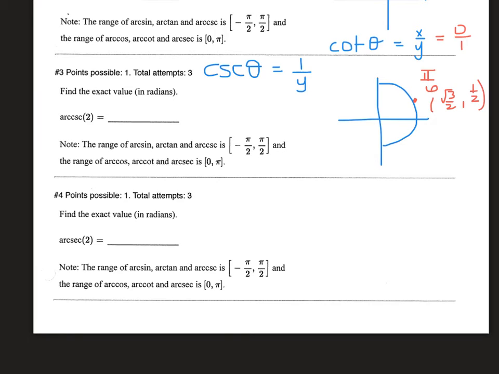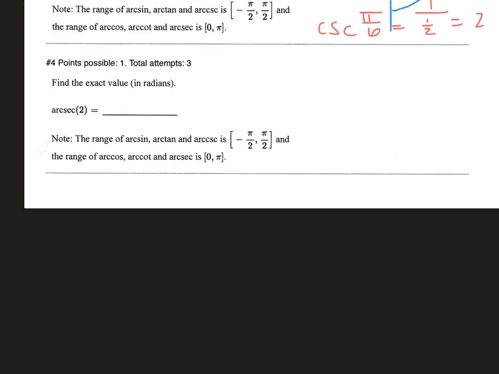If we look at cosecant of pi over 6, that's going to be 1 over the y-coordinate of 1/2, which is 2. Arc cosecant of 2 is equal to the angle measure pi over 6, and that is because cosecant of pi over 6 is equal to, like I said, 1 over 1/2, which is 2.